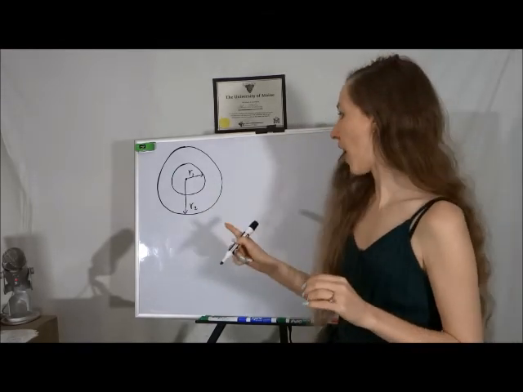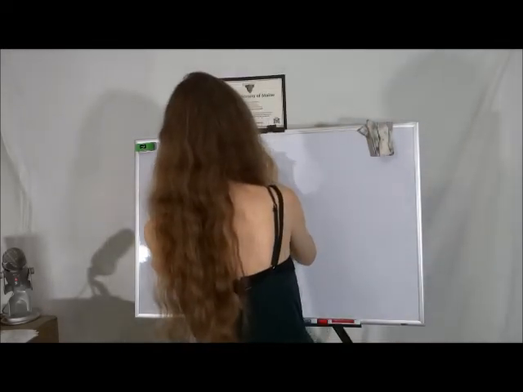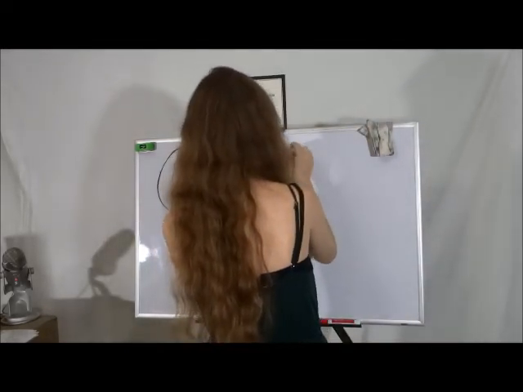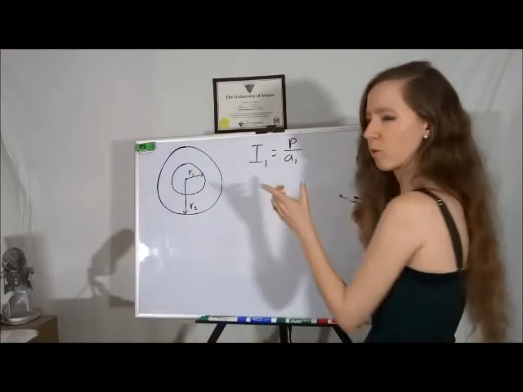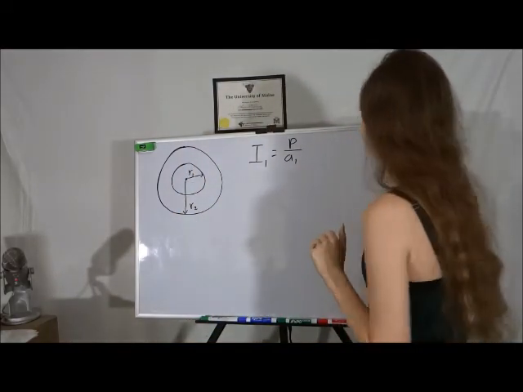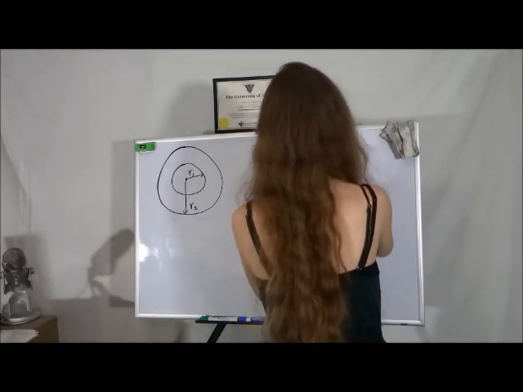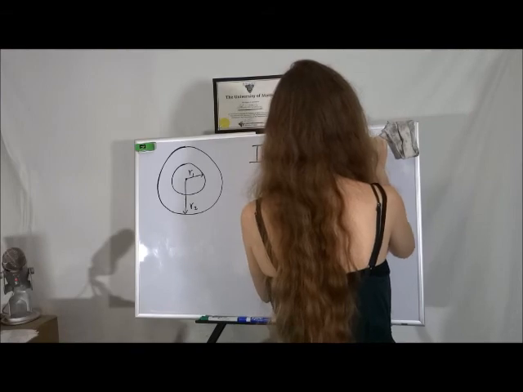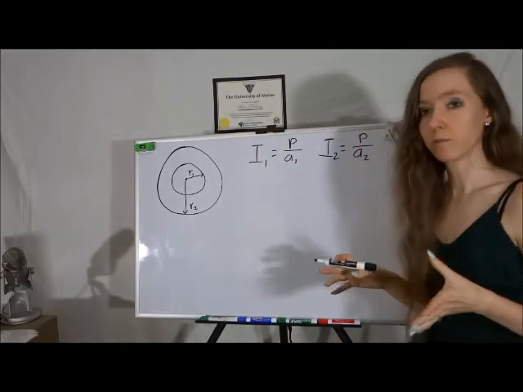So I'm going to call I1 the intensity corresponding to R1. So I1 is equal to power divided by the area of that, and we'll talk about what that area is in a second. And then off to the side, I'm also going to do the same thing for I2. So I2 is equal to the power divided by area 2.